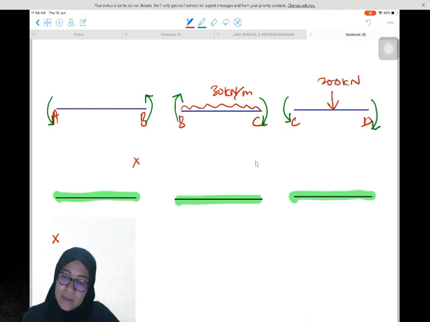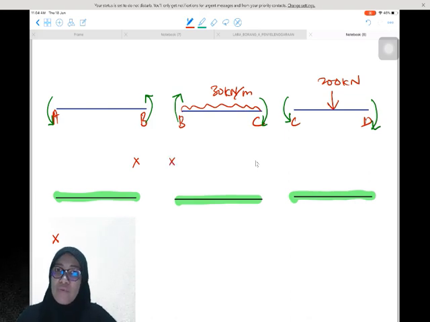And for BC, we just follow the arrow, the point is here. And for CB, the arrow shows the below part, so it is somewhere here. Doesn't matter, we just sketch only. The most important thing is to know the position, whether it is negative or positive.